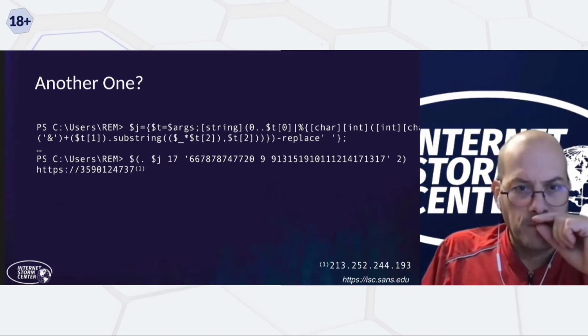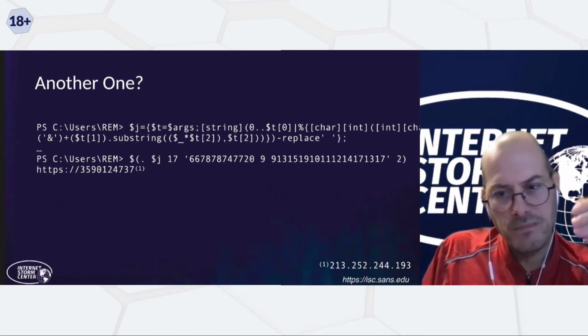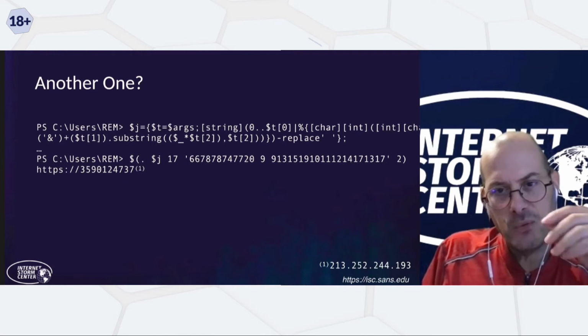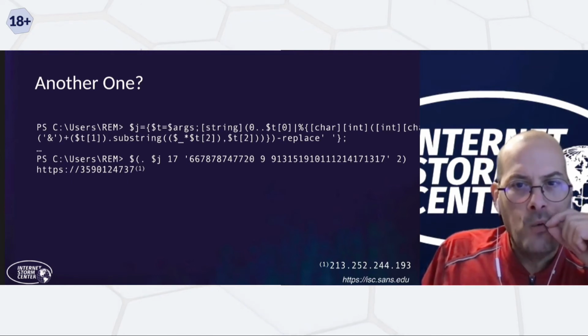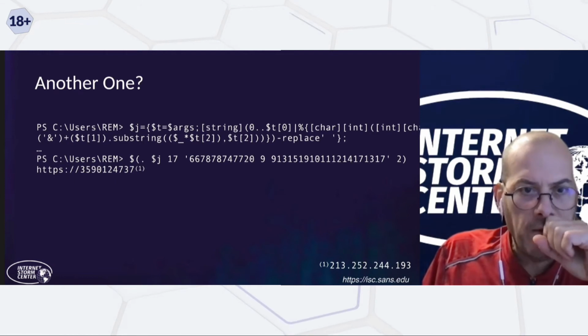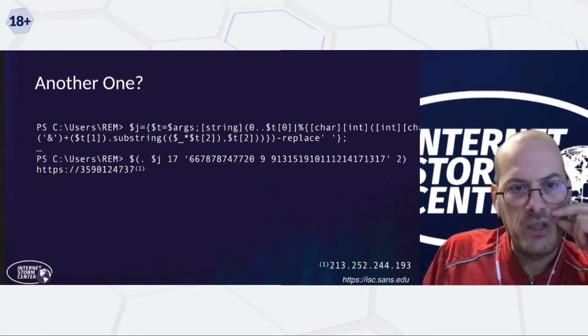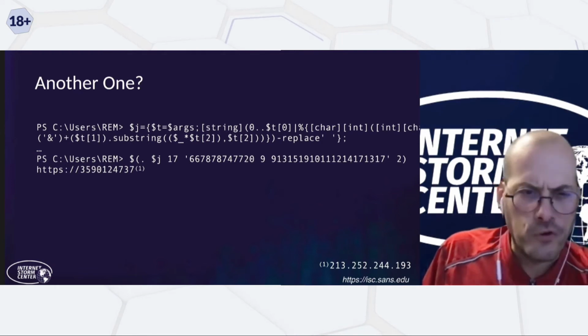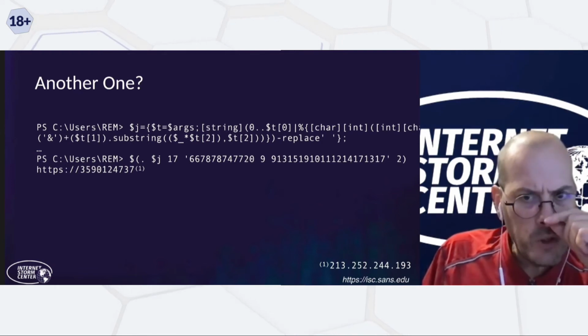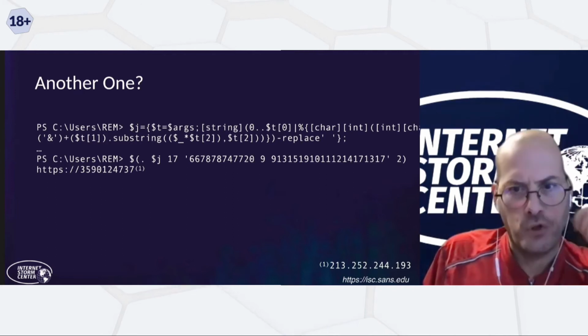Another one, you see that we go deeper and deeper into the obfuscation. This one is also very nice. What do we have? We have the variable G, which contains a set of instructions.